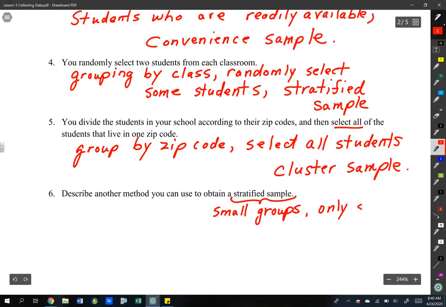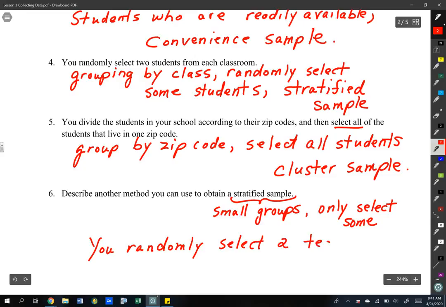Only select some. All right, and my example was you randomly select 2 teachers who live within 5 miles of school.